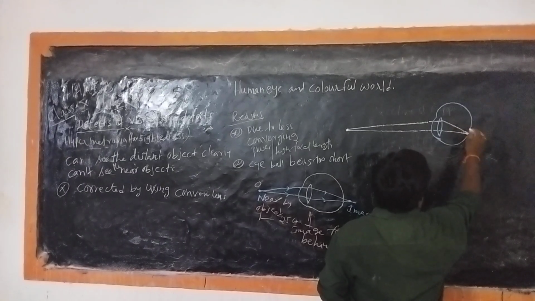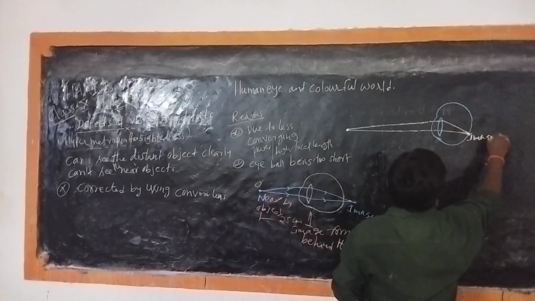So here the image of an object is formed on the retina.